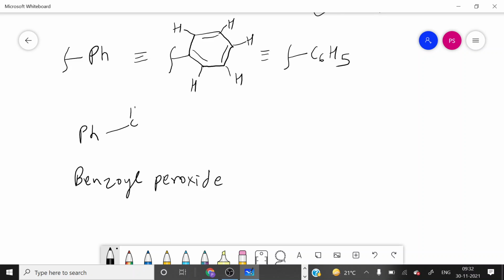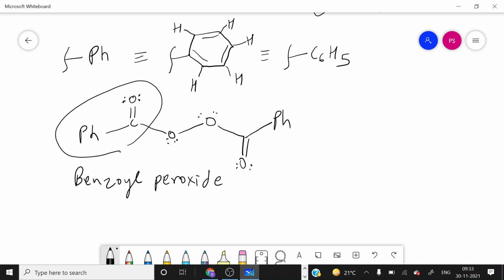C double bond O, and oxygen has two lone pairs of electrons. This group is the benzoyl group and this linkage is the peroxy linkage.